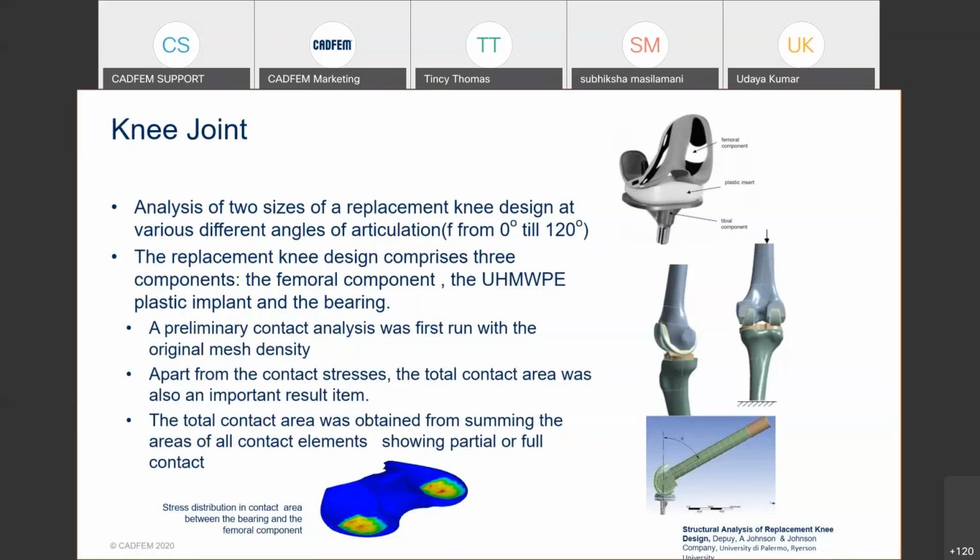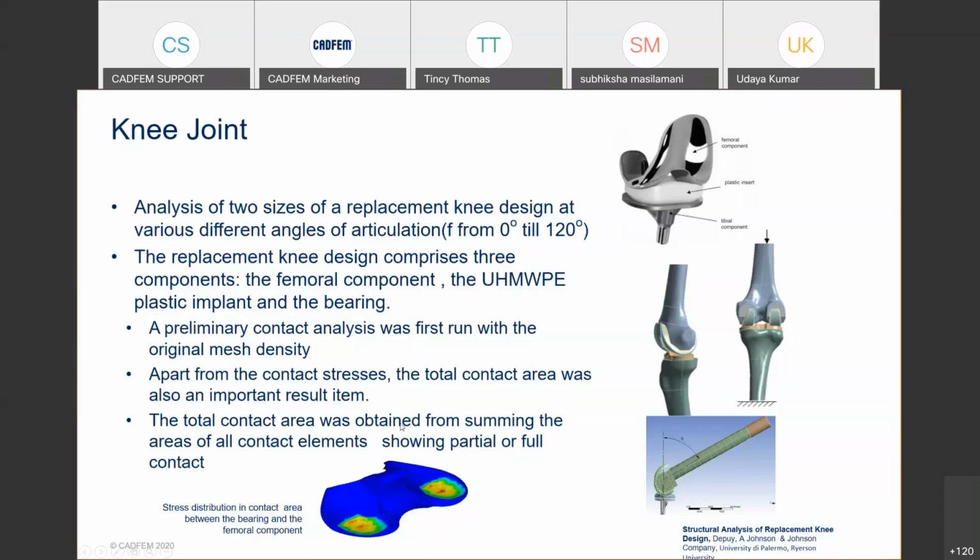It should work well for different angles. At the same time, it should take a considerable amount of load also. And the pain created between the joints when the load comes and the implant hits the bone, that joint is very crucial, because that creates pain for the patient.